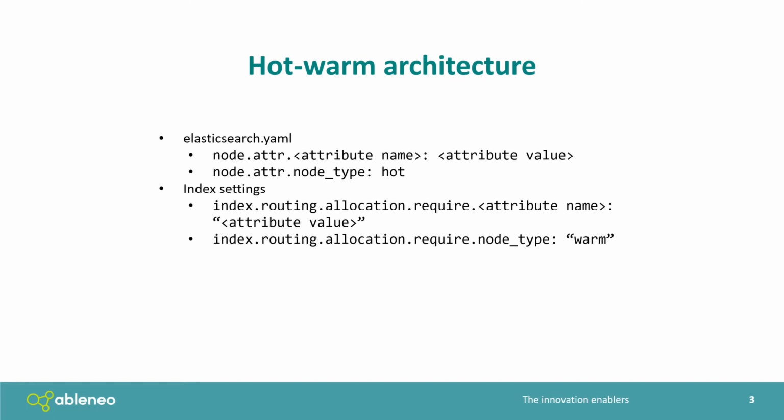So every new index matching the given pattern will be allocated to the required node type, most usually hot. Just be aware of your number of shards and number of replicas so that the cluster is able to allocate all requested shards and replicas to nodes of the required type. Otherwise, your cluster might end up in a non-green state.